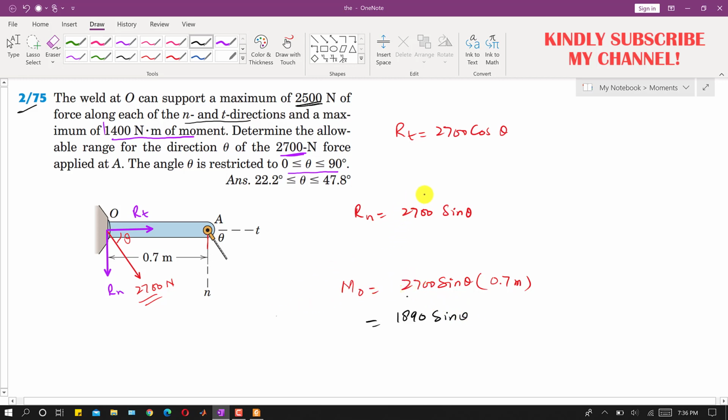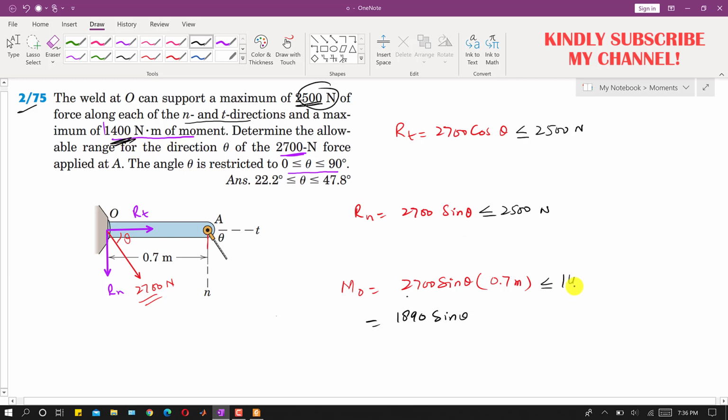So now if we apply the conditions, we are given that this RT and this RN cannot exceed 2500 Newton, right? So this must be less than 2500 Newton, and this must be less than 2500 Newton, and this must be less than 1400 Newton meter, right?